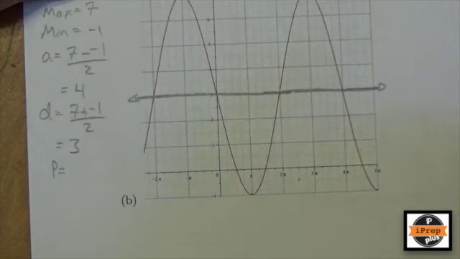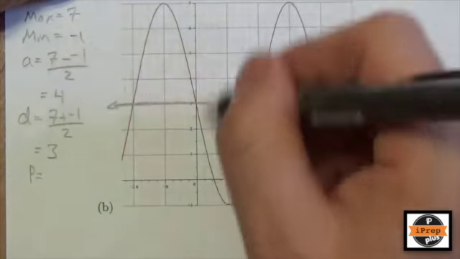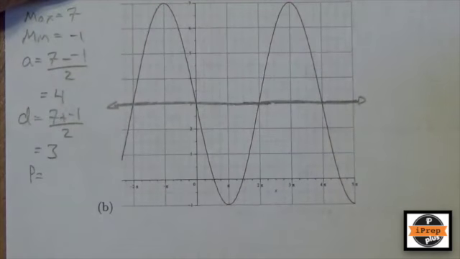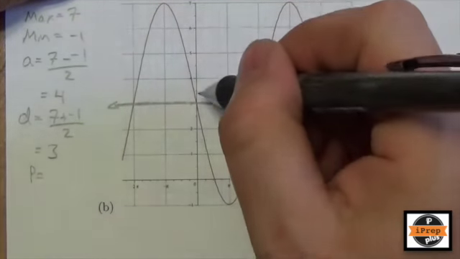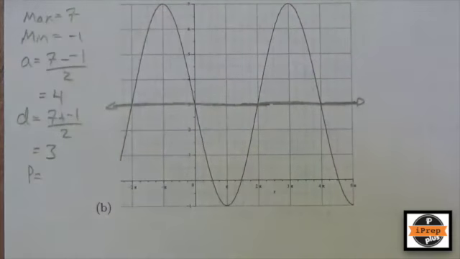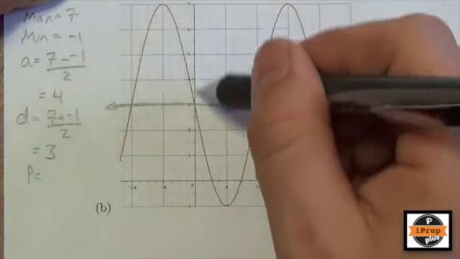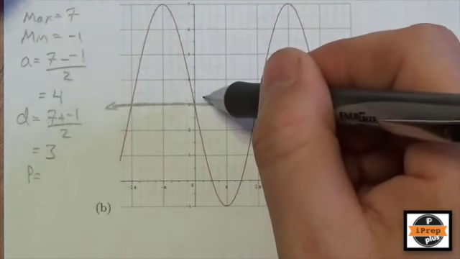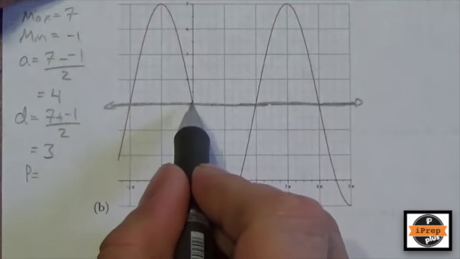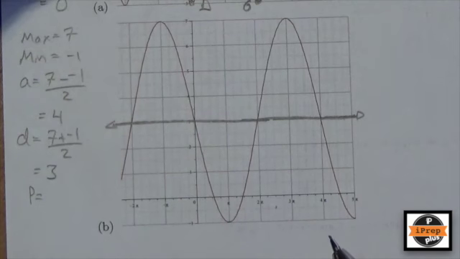Now, I like to typically start on the y-axis if I can, just because it's a nice kind of anchor spot here. And when I read off a value, I know that I'm reading off the exact period in that case. And here it's actually quite simple. Notice that when I start on the y-axis here, I am starting at the middle, which indicates that this is probably most easily read as a sine graph.